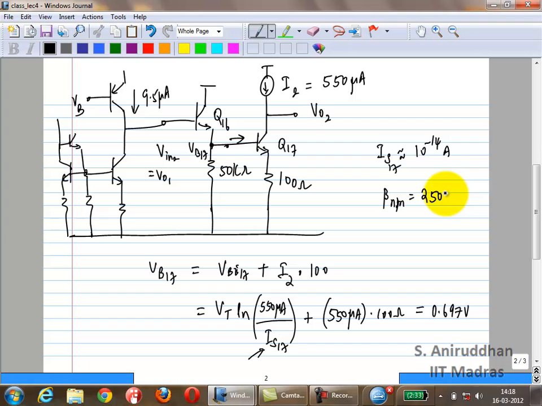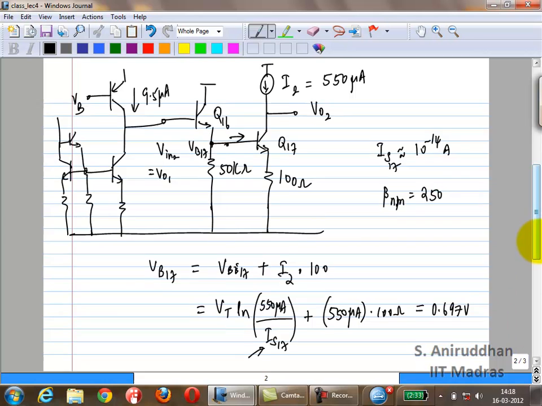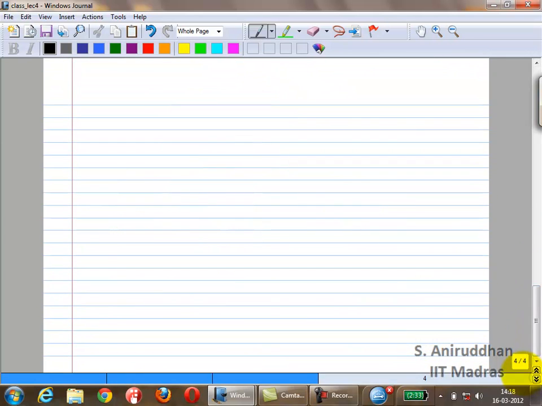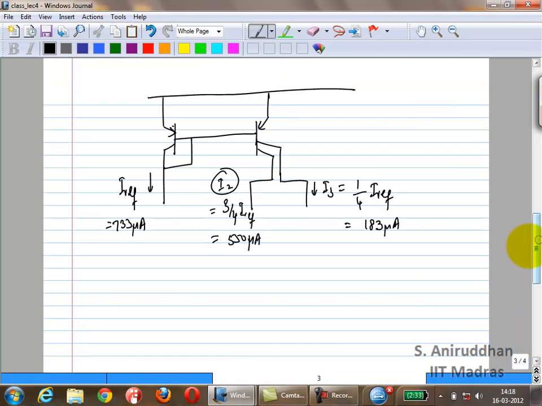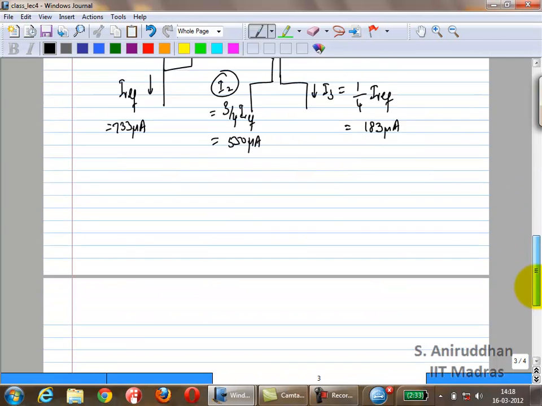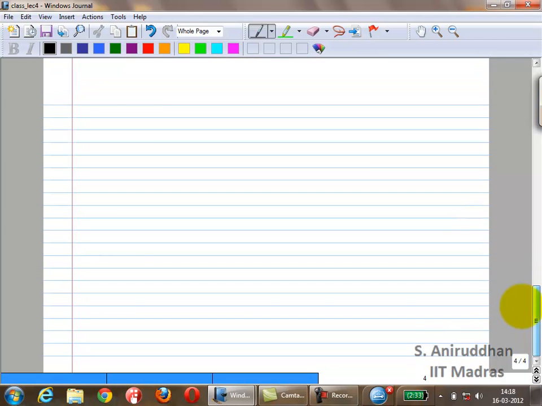But we'll assume 250. What is IB17? 2.2 microamps.